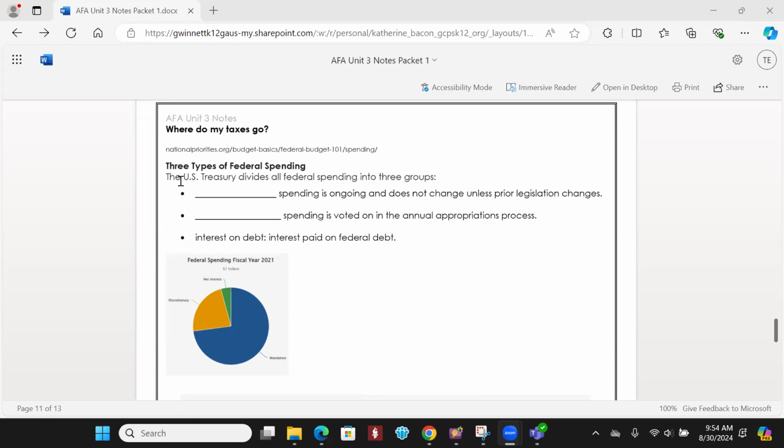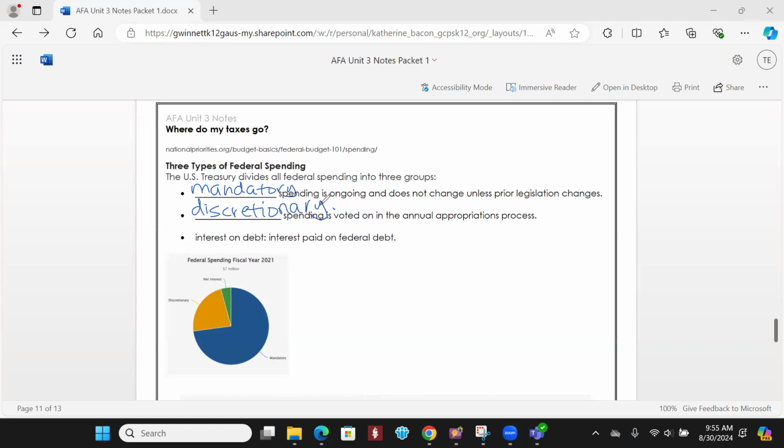So, the U.S. Treasury divides all federal spending into 3 groups. We've got mandatory spending, which is ongoing and does not change unless prior legislation changes. So, specific funds that it goes towards, and we're going to look at that breakdown in just a second. And then we've got discretionary spending, which is voted on in the annual appropriations process.